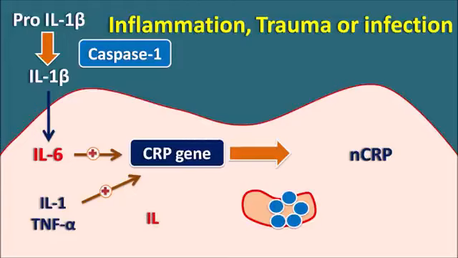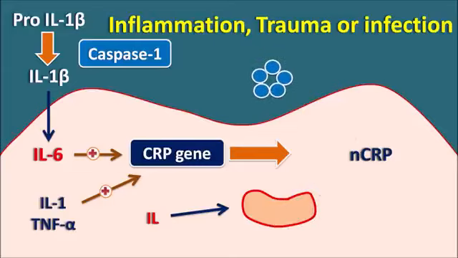These interleukins can promote the detachment of this N-CRP from the endoplasmic reticulum, so that this N-CRP is going to be excessively released in the serum with elevated CRP levels. So inflammation, trauma or infection can elevate the CRP levels by producing more CRP from the hepatocytes.